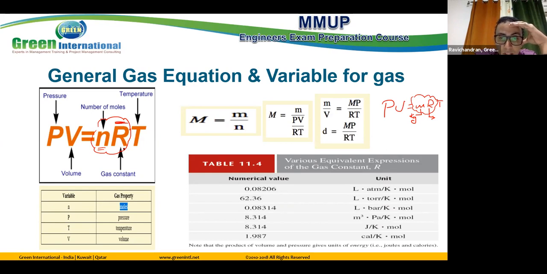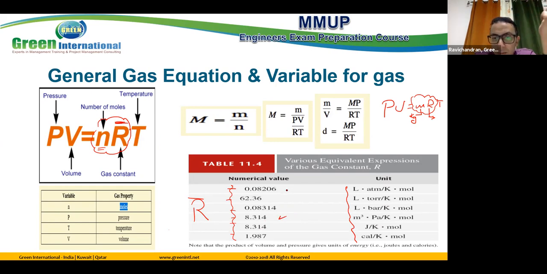This table gives the values for R bar, the universal gas constant. You see different values, but these are not different values. It is one value but in different units. Actually, this one is important, and we have another one that is important.